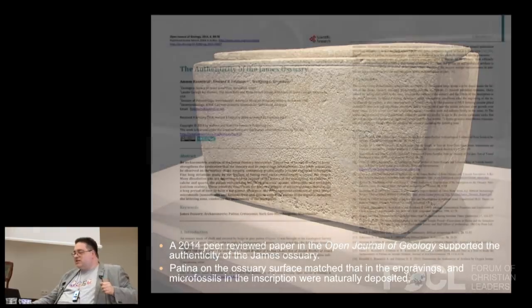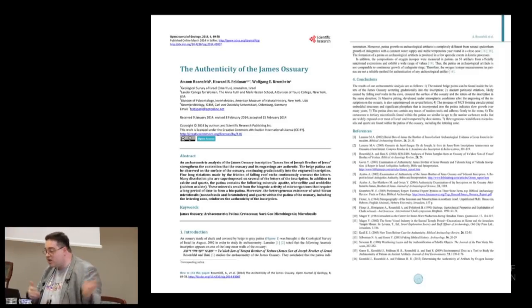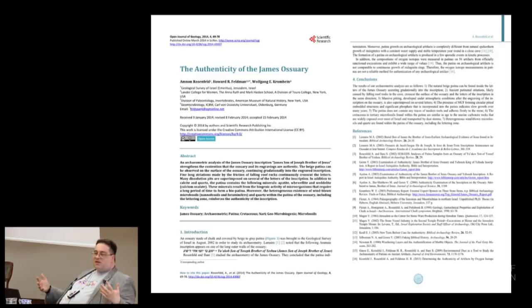And there was this article published, The Authenticity of the James Ossuary, by Amnon Rosenfeld et al. in the Open Journal of Geology. You can get it online for free if you want to go read it. Basically it says there were multiple lines of evidence indicating that the entire inscription was indeed authentic.